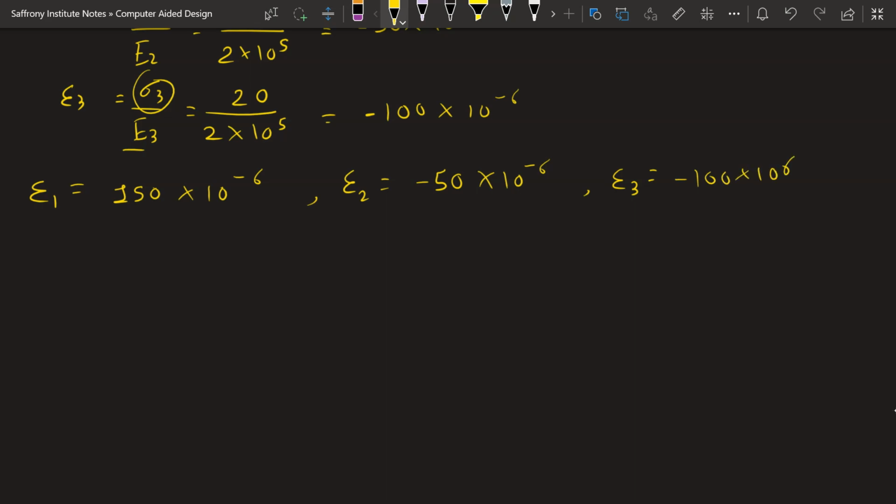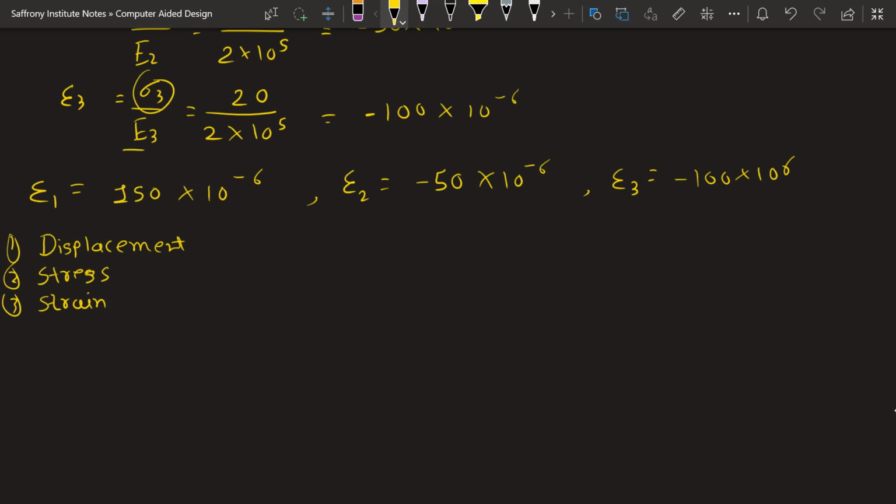So now we have found all the answers of this numerical. First, we found the displacement, then we found the stress, and then we found the strain.